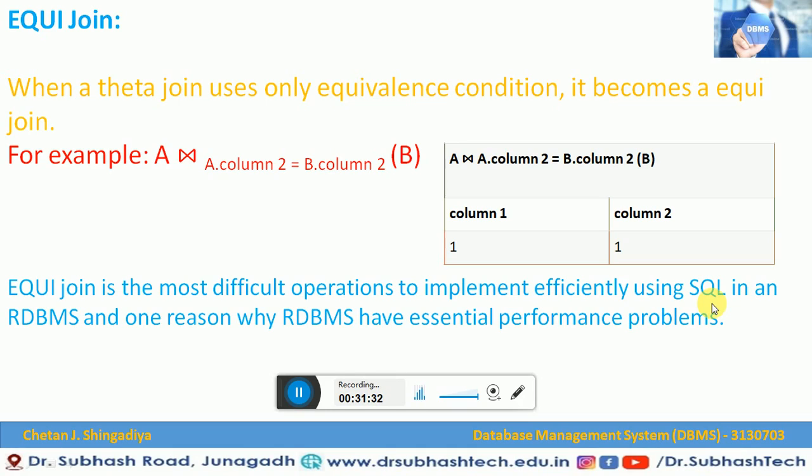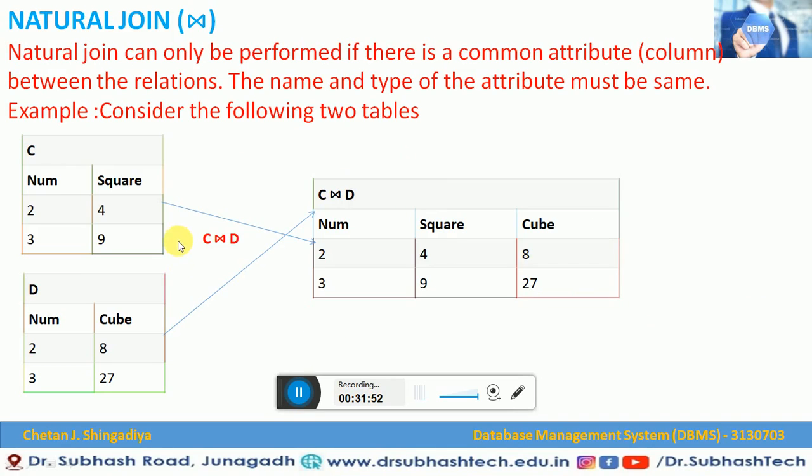So in the real world, generally we use the outer joins, that is left outer join, right outer join, and full outer join, for the sake of simplicity in real world applications. But for the understanding purpose, we have to understand how equijoin and theta join are executed. Now the next operation is natural join, and natural join is denoted by this symbol.